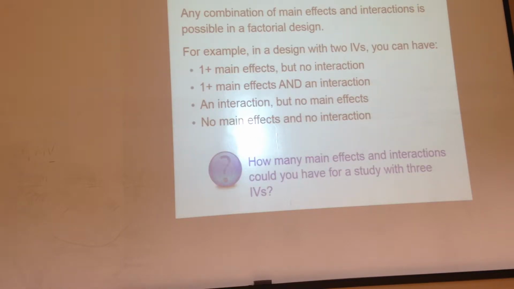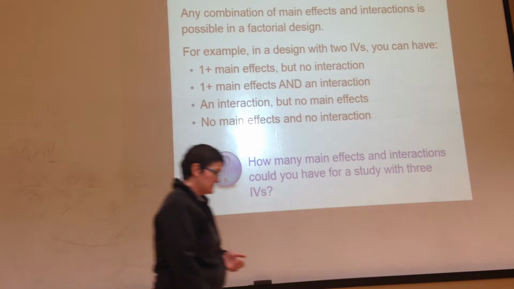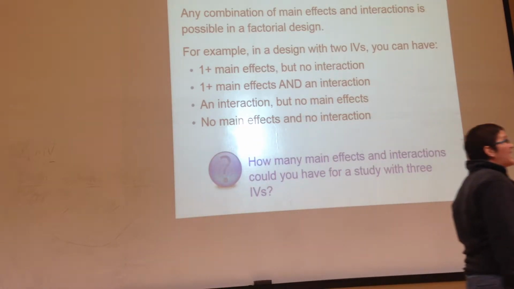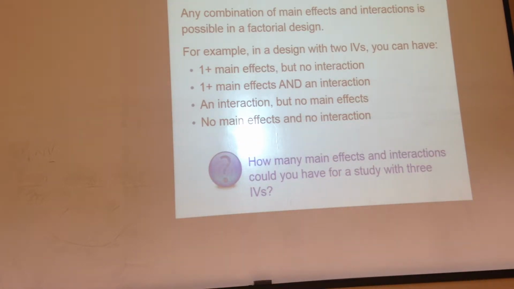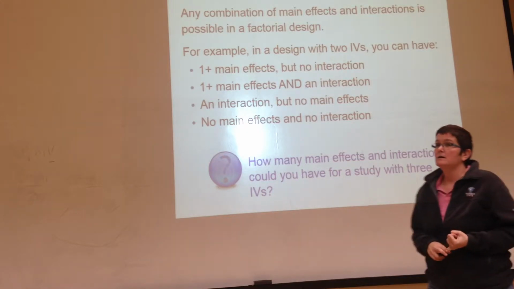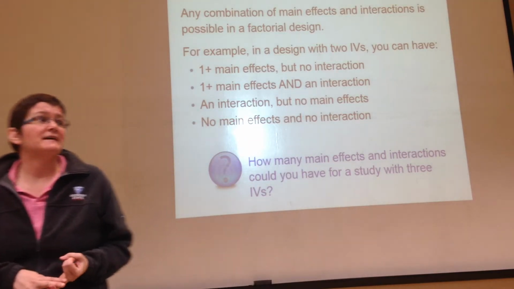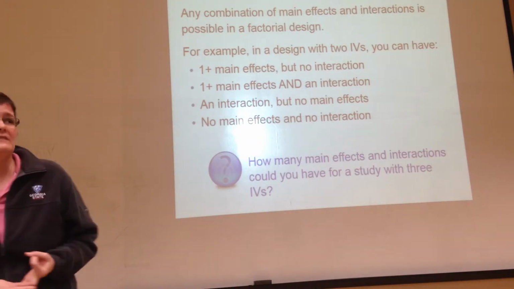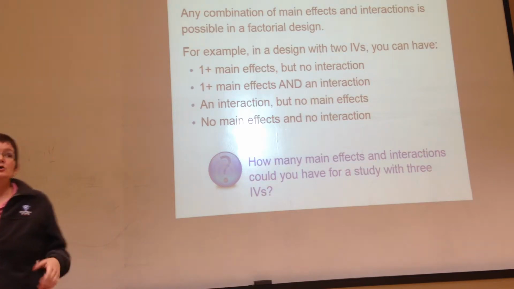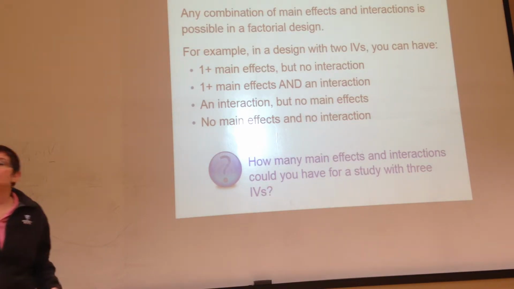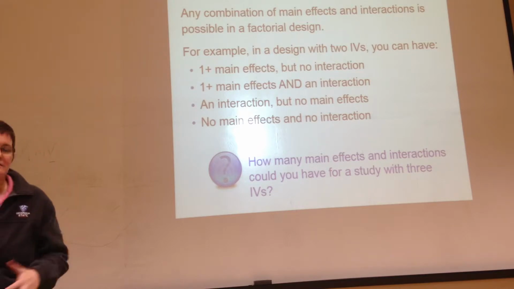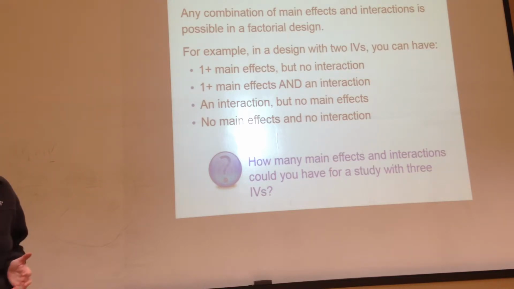Now, when we're doing factorial analysis, it's possible to have any combination of interactions and main effects. You can have everything be significant. So you could have a statistically significant main effect of IV1, a main effect of IV2, and an interaction of IV1 and IV2. That's totally fine. You could have a main effect of IV1, no effect of IV2, and no interaction. Any combination of those things is possible.